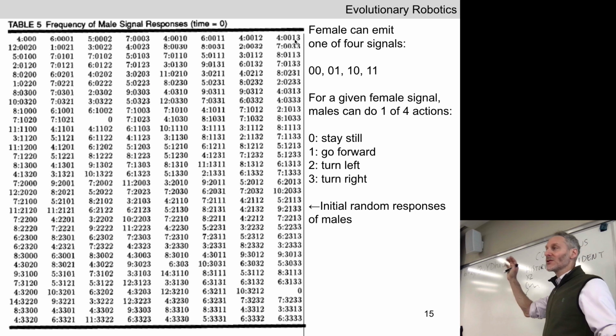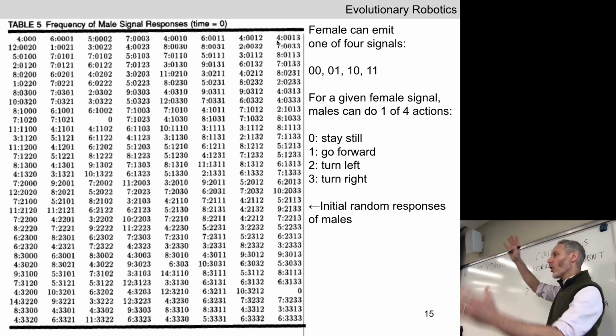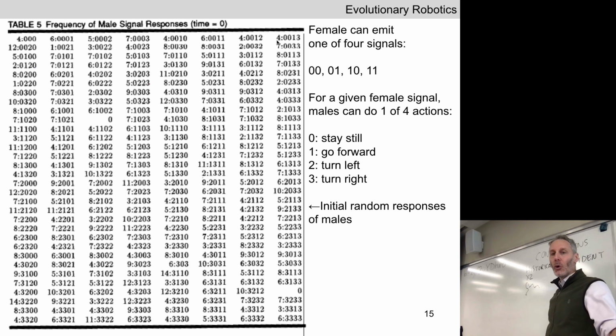And some of these males, when they heard the third song, did 1, which is go forward. And some of these males, whenever they heard the 4th song, did 3, which is turn right. There were 4 males, the number to the left of this colon. Among all 800 males, there were 4 of them that did this. So each grouping of numbers here represents a particular subset of males.